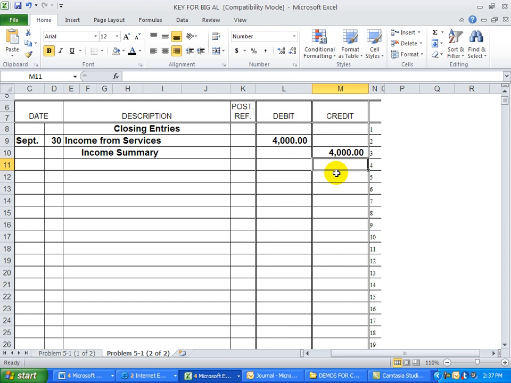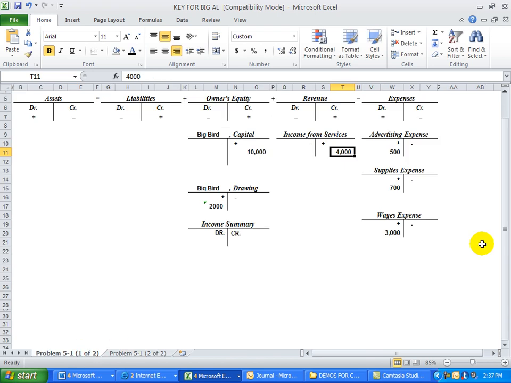Next thing we want to do is close out all of the expense accounts, and we're going to do that also on the 30th, and we're going to be moving them into the income summary account. As you go back and look at the first page, we have advertising, supplies, and wages. Those are the three accounts we need to close out.